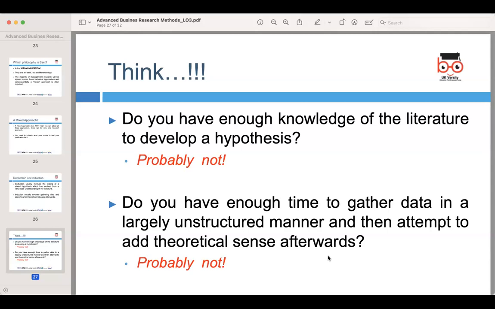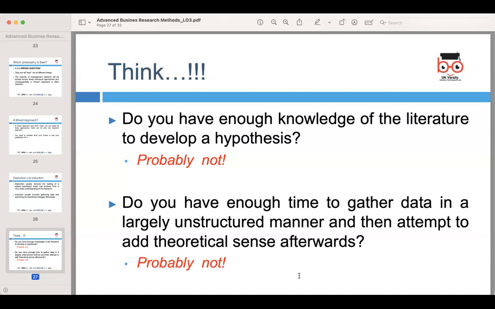So the next question: do you have enough time to gather data in a largely unstructured manner and then attempt to add theoretical sense afterward? Answer: probably not. Gathering data in an unstructured manner can be a time-consuming process that involves collecting information from various sources, conducting surveys or experiments, and analyzing the gathered data.